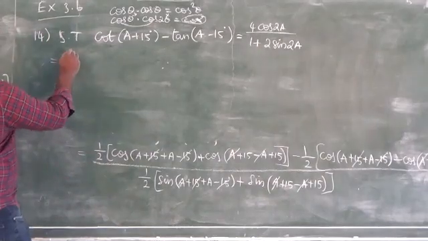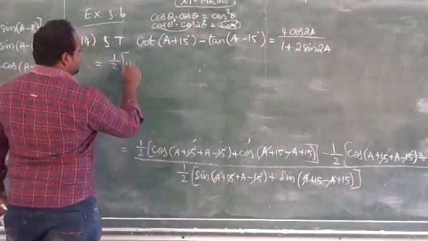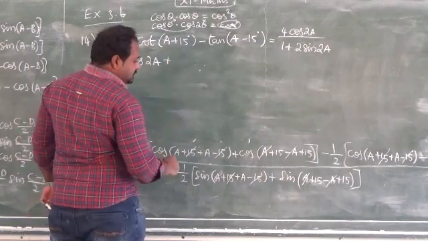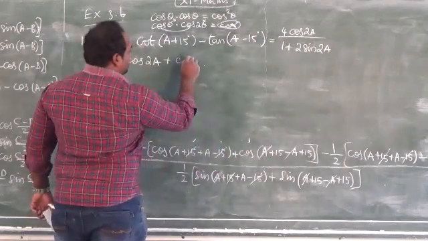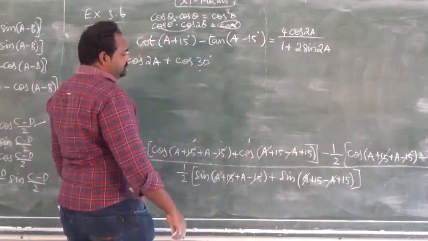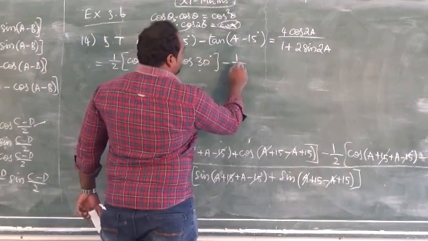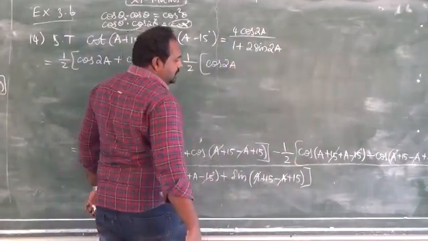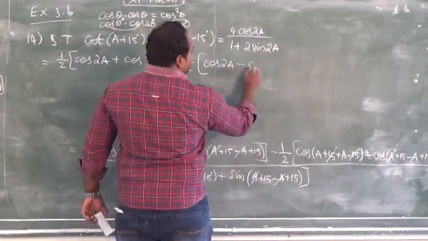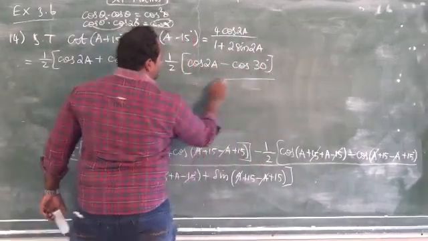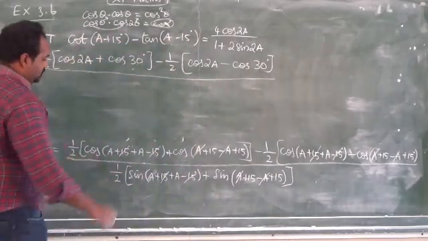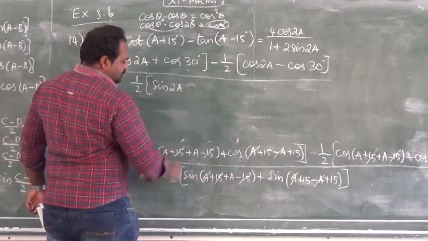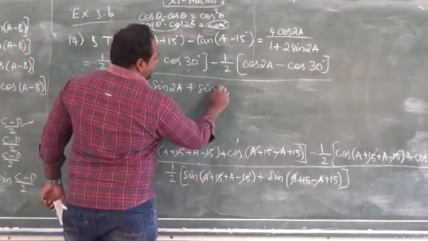So remaining 1 by 2 cos 2A plus cos 15 plus 15, cos 30, minus 1 by 2 cos 2A, then minus cos 30, whole divided by 1 by 2 sin 2A plus sin 30.